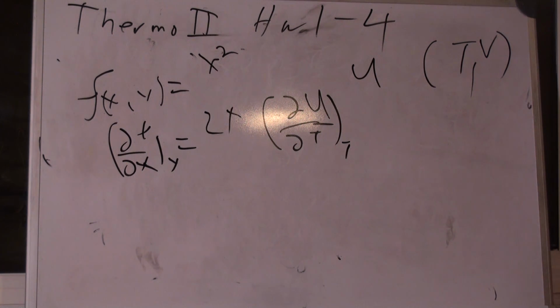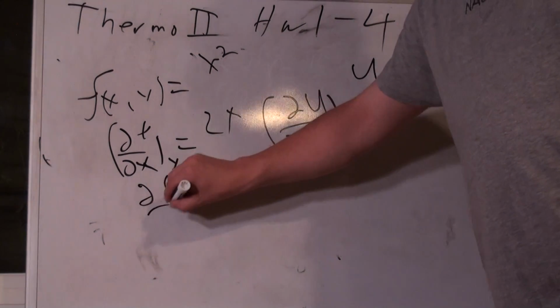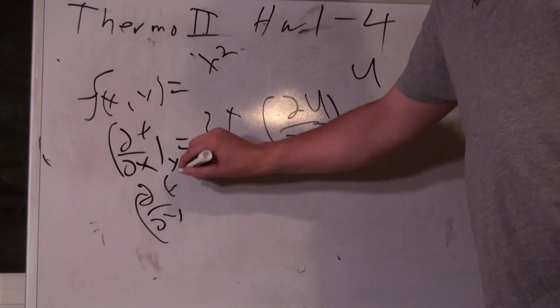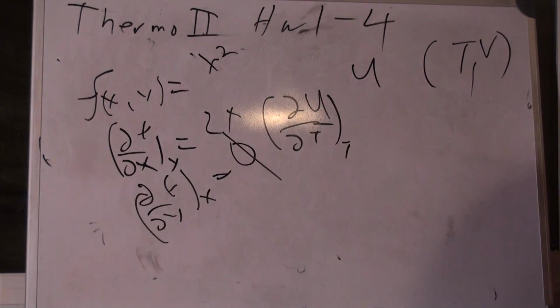Exactly. Because what if I take the derivative of that with respect to y, keeping x constant? You'd be like, okay, but how does that tell me that it's only a function of y?